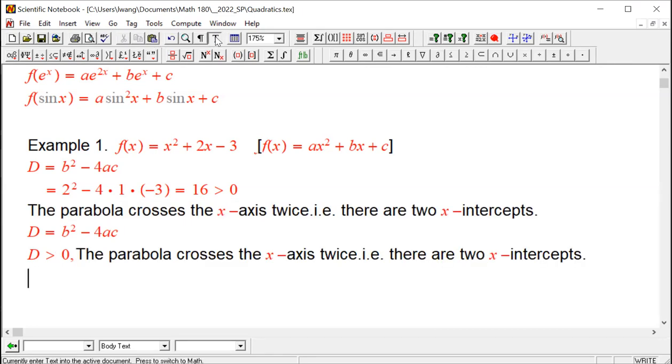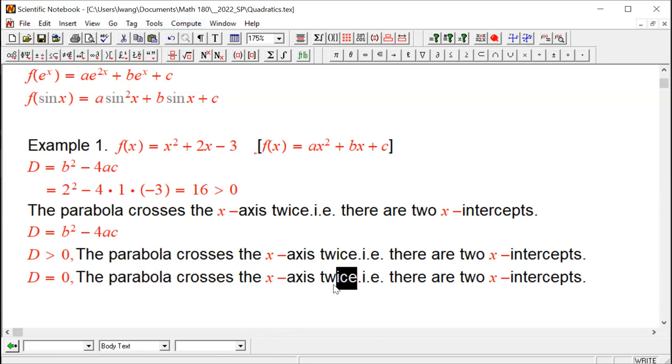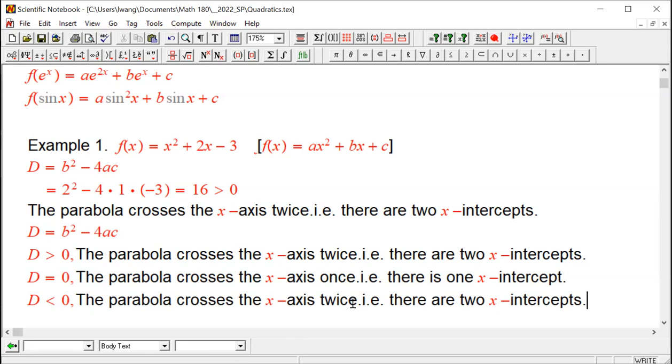The second case is D is 0. The parabola is going to cross the x-axis once, and there is one x-intercept, no plural. And last, if D is less than 0, the parabola crosses the x-axis at no time.